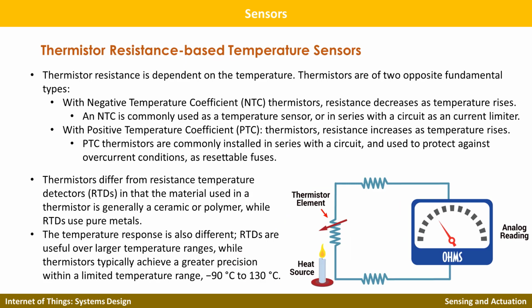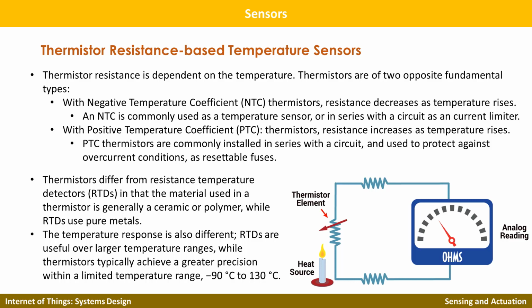The next type is thermistor, resistance-based temperature sensors. Thermistor resistance depends on the temperature. There are two fundamental types of thermistors: the negative temperature coefficient and the positive temperature coefficient.